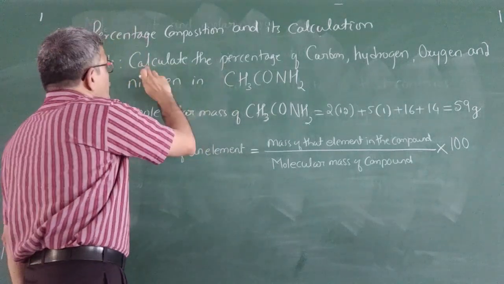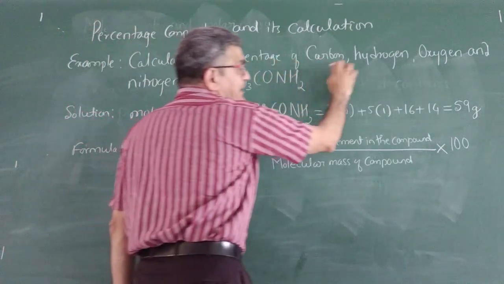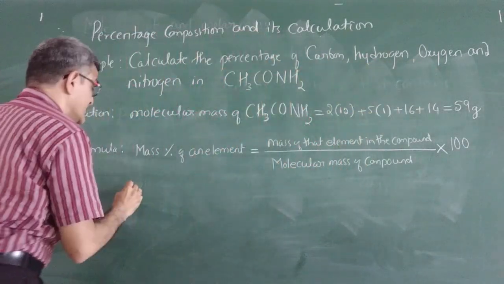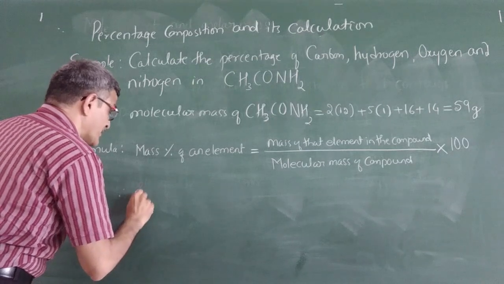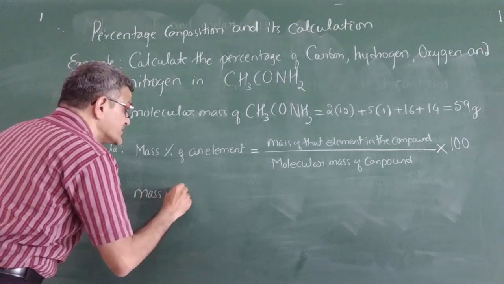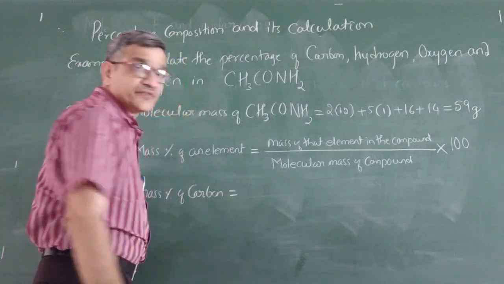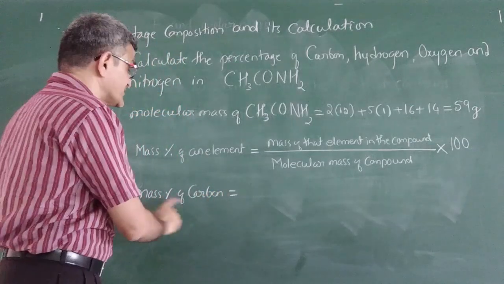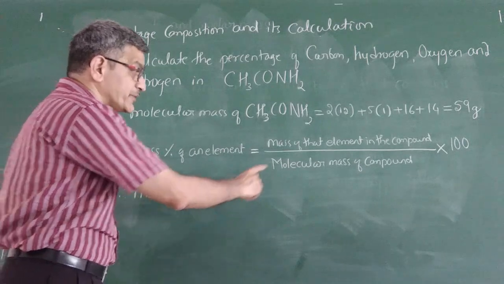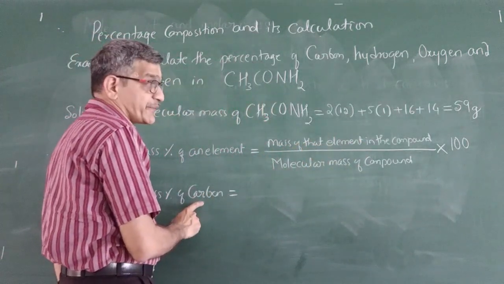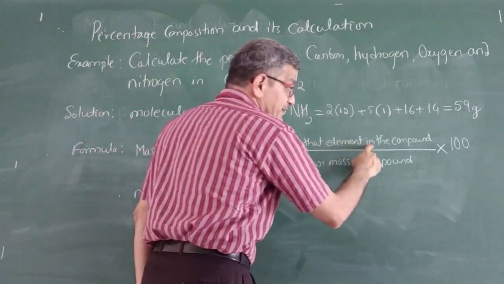What do we need? Calculate the percentage of carbon, hydrogen, oxygen and nitrogen. I'll go for carbon. Okay. So mass percentage of carbon equals what do I have to write? The mass of that element, which is carbon: mass of carbon in the compound.